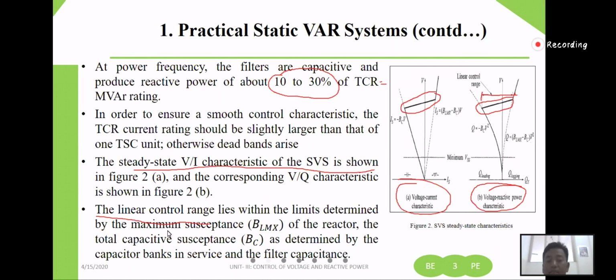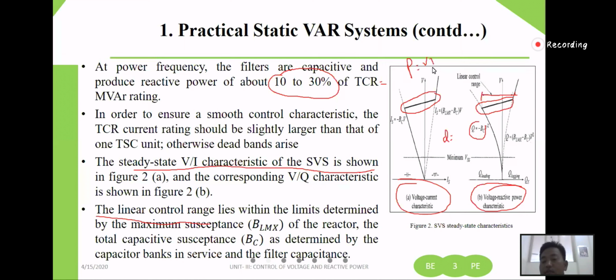This linear control range lies within the limit determined by the maximum susceptance. Normally, the reactive power VQ is the same as our power on VI, right? P equal to VI, so you can write in terms of VI.